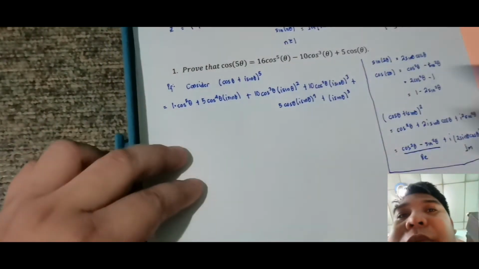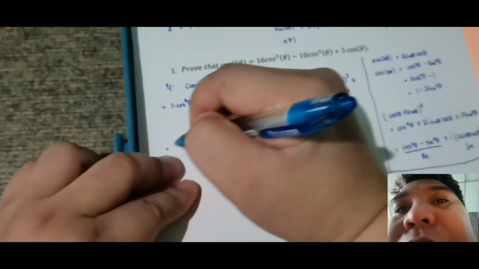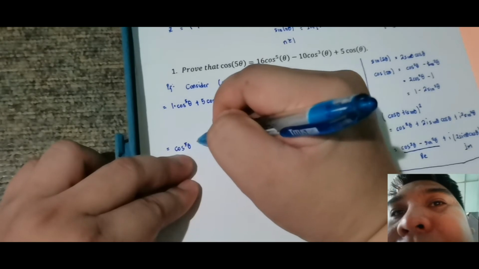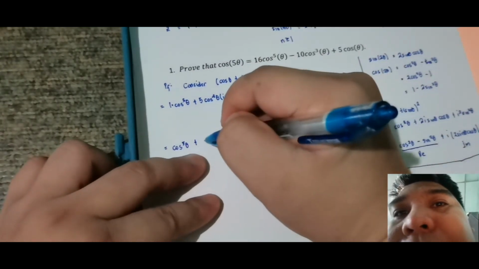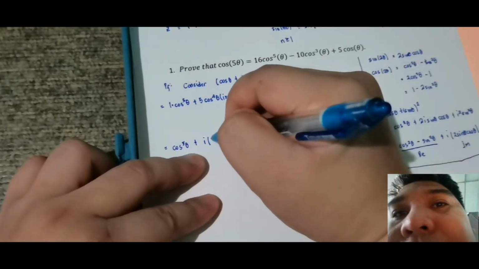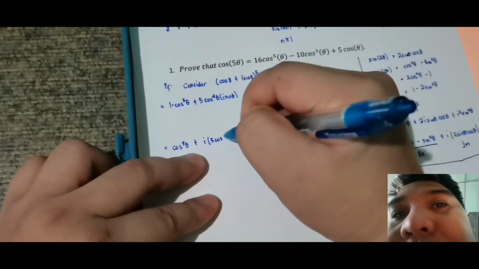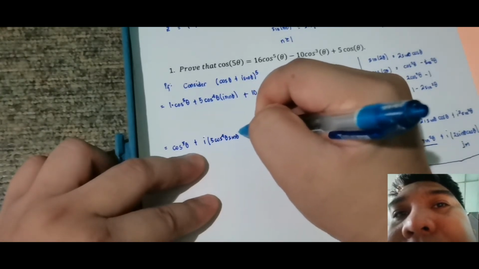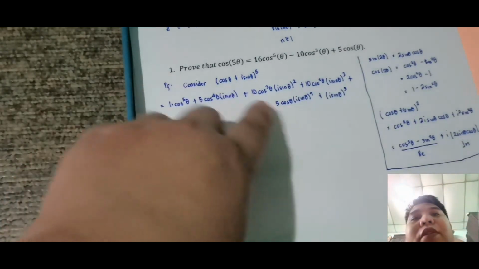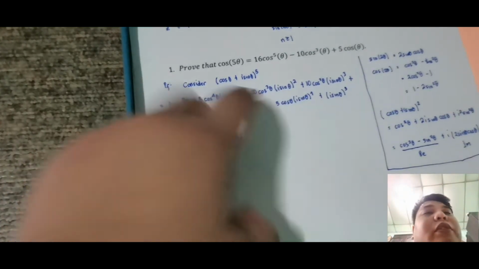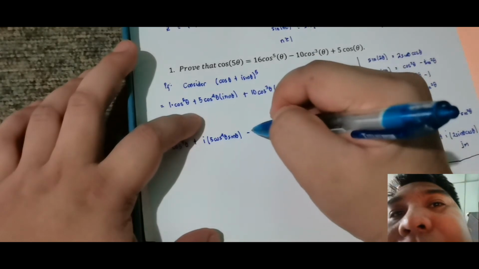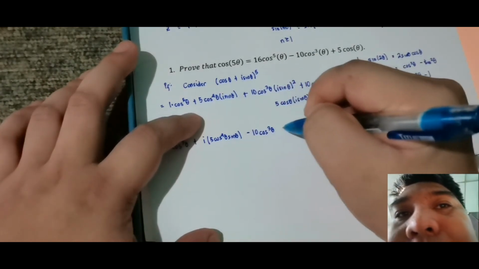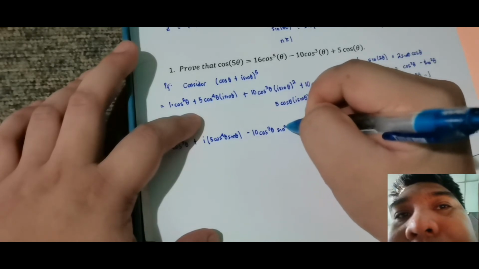Ang gagawin ni sir, simplify ko further, this is cosine 5 theta plus, this is merong I, then this is 5 cosine 4 theta, then sin theta. So wala nangyari doon sa I. Next dito, yung I squared, yung I magiging I squared, so that's negative. That is negative 10 cosine cube theta, then sin squared theta.